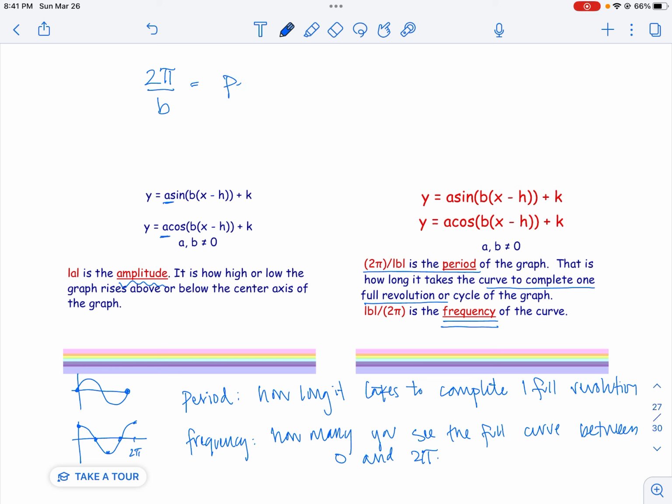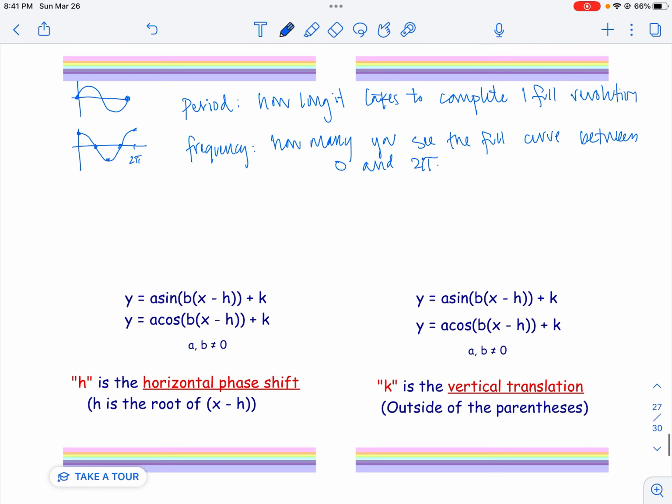That is going to give me the period. Now when I take b and divide it by 2 pi, and it's the absolute value of b in both cases, because period can't be negative, and neither can frequency, I get the frequency. So it's important that I make sure I factor out b when I go to graph and answer questions about any kind of transformations in these two functions.